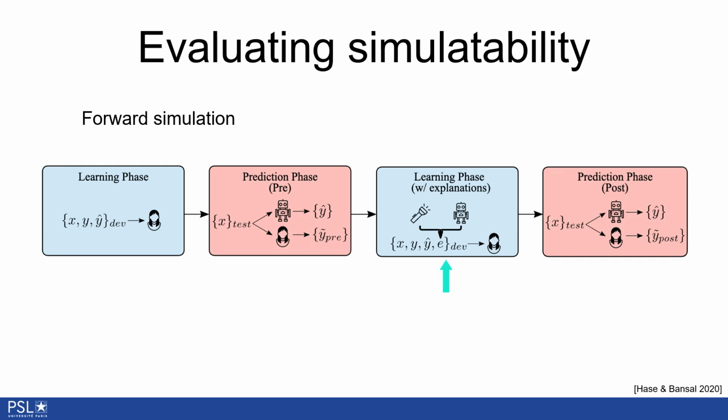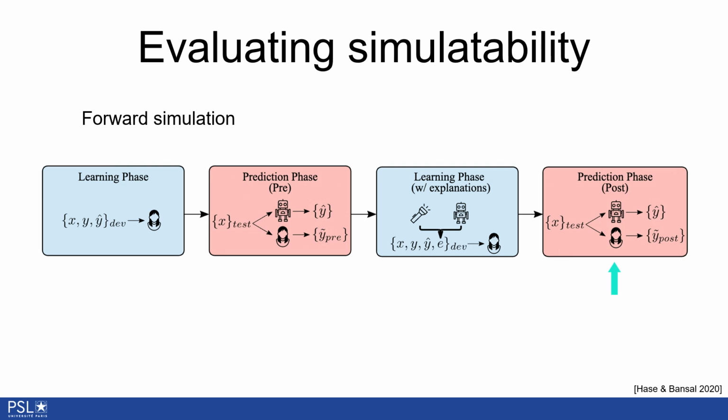The third phase was again a learning phase, in which the subjects were shown examples of input instances X, correct labels Y, and outputs y hat of the model. But this time, for each instance, they were also shown an explanation for the output of the model, such as explanation provided by LIME.